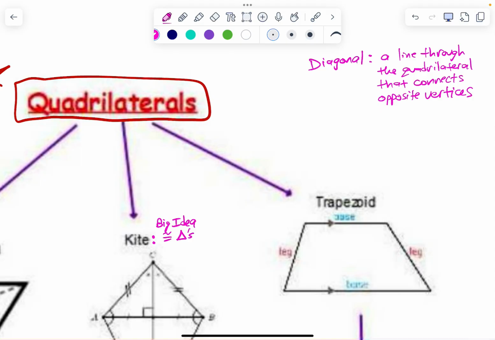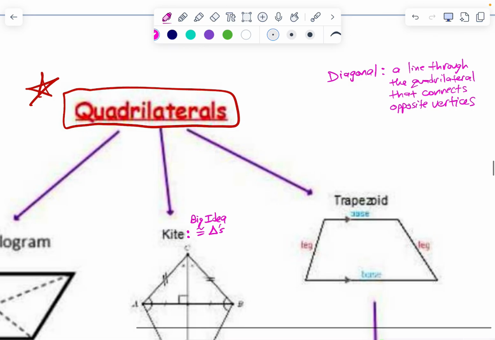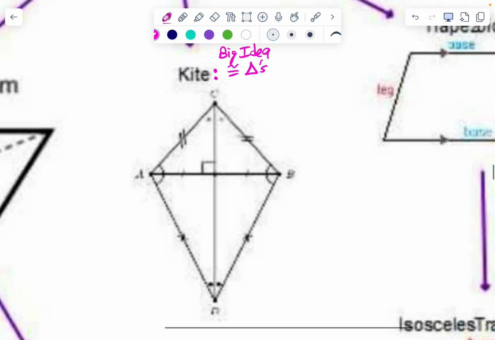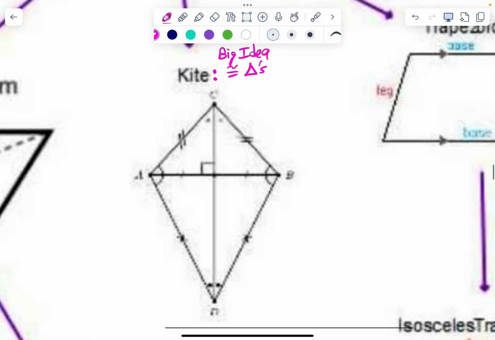Okay. Well, with that, you can see 2 diagonals in this kite, right? It's where the string would connect. What do you think is true about them? What is shown to be true about them? They are what? What does that symbol mean?